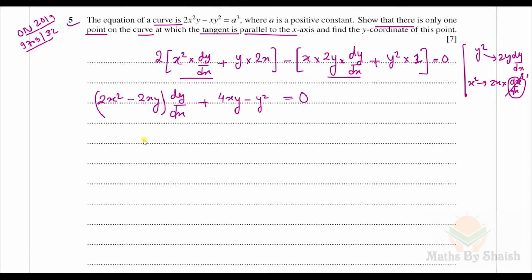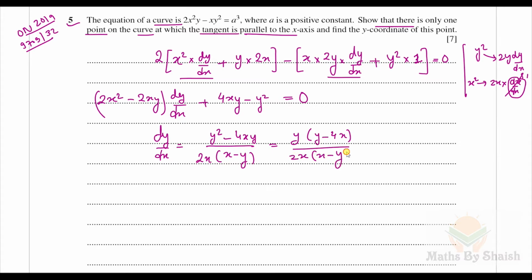Transferring to the other side, dy/dx is equal to (y² − 4xy) upon (2x² − 2xy). Taking 2x common in the denominator, it is x − y, and in the numerator taking y common, we get y(y − 4x) upon 2x(x − y). So dy/dx is this.